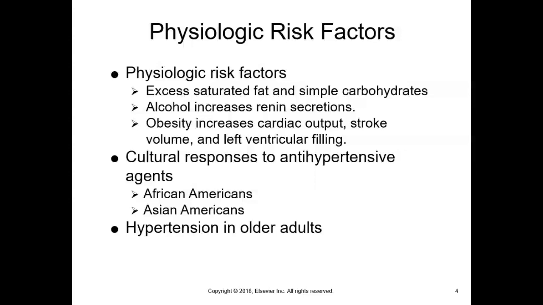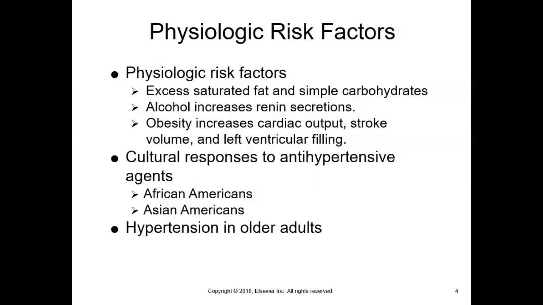African Americans are more likely to develop hypertension at an earlier age than Caucasians. African Americans are susceptible to low renin hypertension and therefore do not respond well to beta blockers and ACE inhibitors. The antihypertensive drugs that are effective for African Americans are alpha-1 blockers and calcium channel blockers.